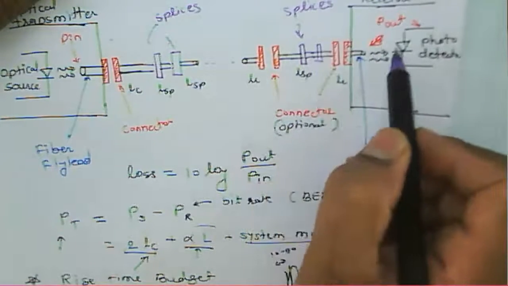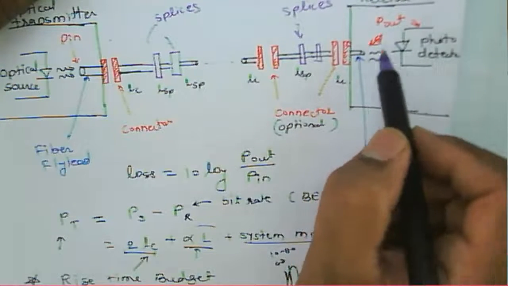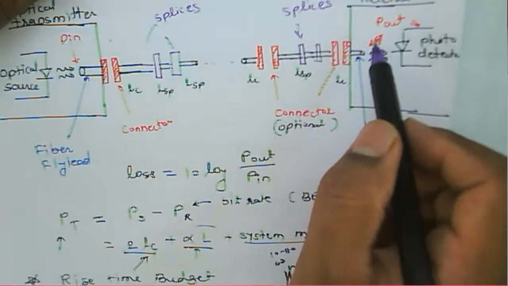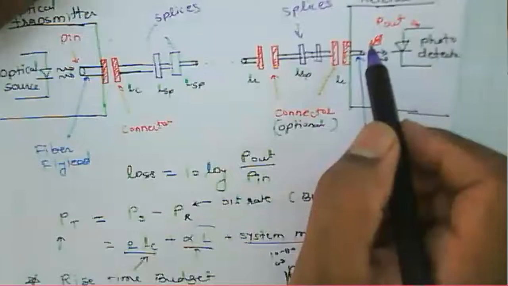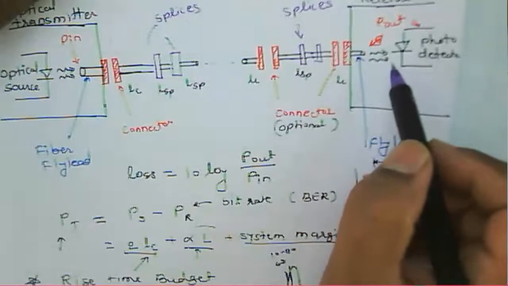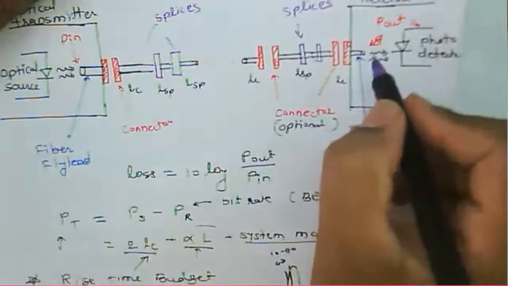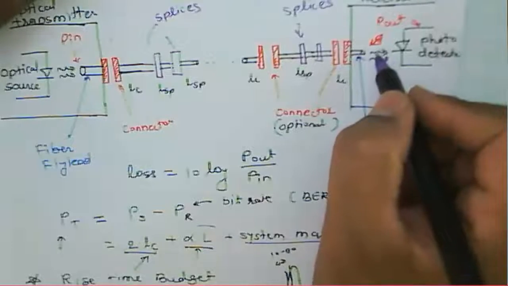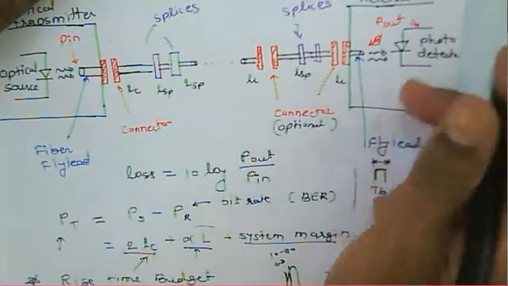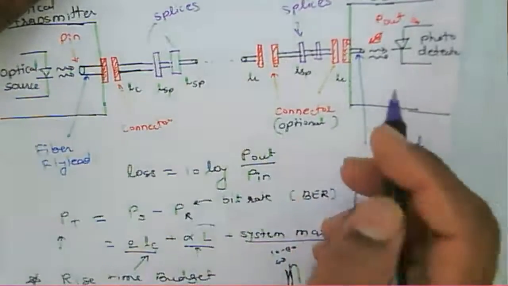Light falls on the photodetector, then there is a response of the photodetector, and it again depends upon the driving circuit on the receiver side. So at the receiver, how many photons fall on the detector will provide you the information about the bit.